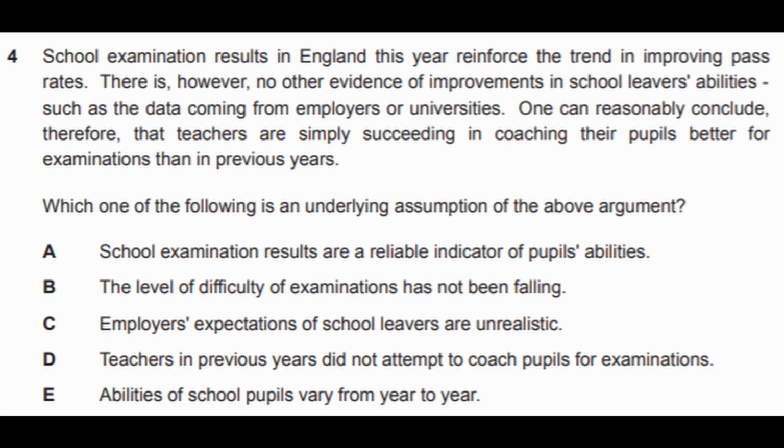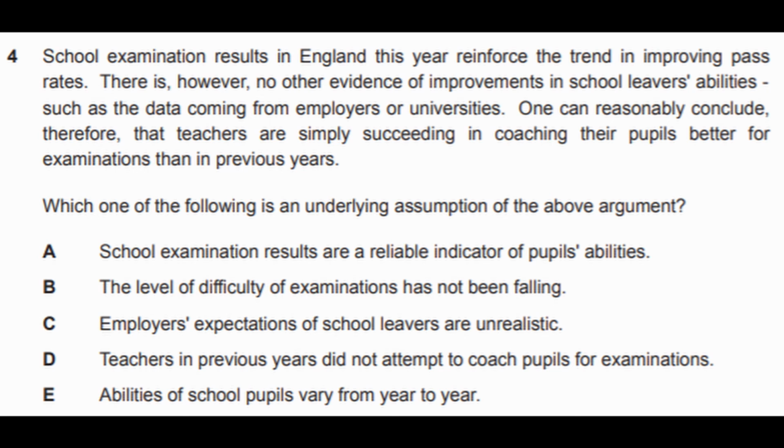D, a good way, if you're a bit stuck on these types of assumption questions, is to take out this assumption and see if the argument still makes sense, and from these premises we can still get to the same conclusion and it logically makes sense. So for D, let's say that teachers in previous years did attempt to coach pupils for exams.